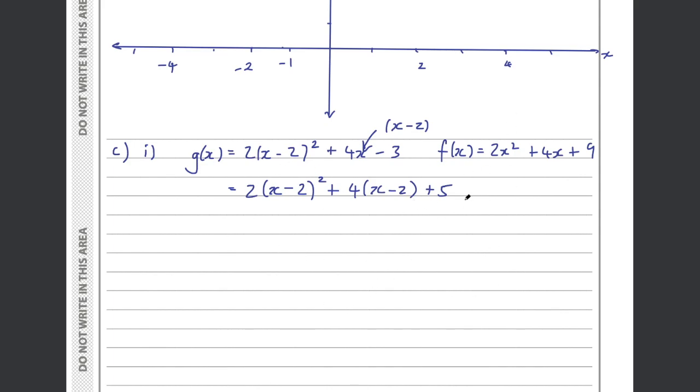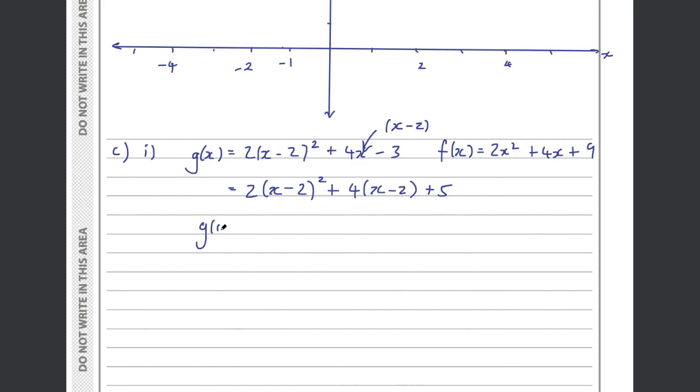Okay, so what does this mean? Well, we have x take 2 as the input. That means, if you know about graph transformations, if you change the input to x take 2, you will have a translation to the right 2 units. And I've also changed the y-intercept from plus 9 to plus 5. Actually, we should check that.